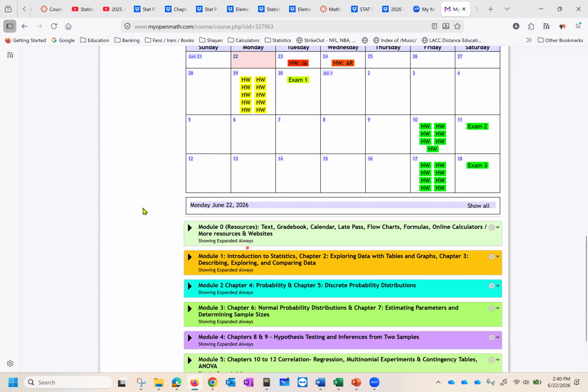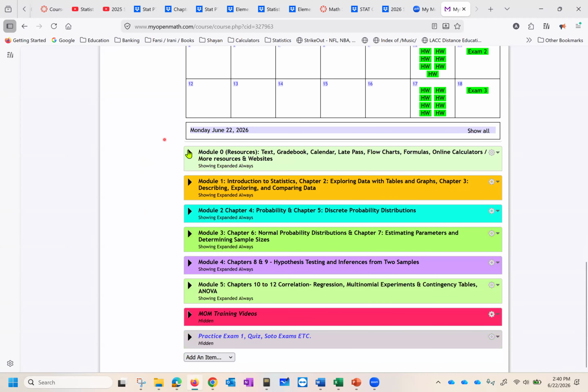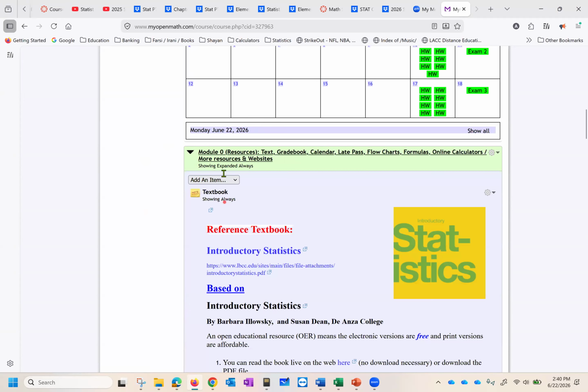All right. As we scroll down, we have module 0, 1, 2, 3, 4, 5. Each module corresponds to the same module in Canvas. So what is module 0? As the name indicates, resources, including the text.